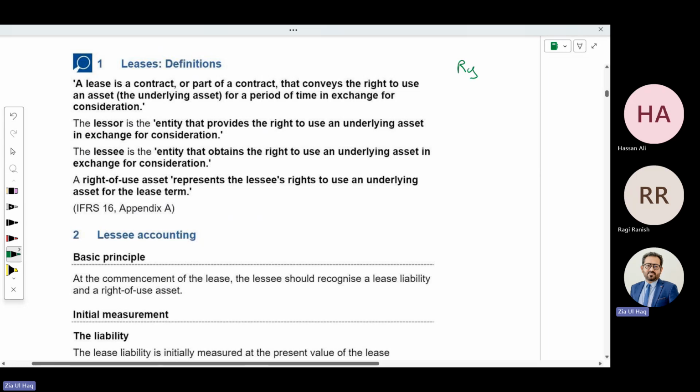The right to use word is used for asset. In lease, the word right to use mean asset. A right of use asset represents the lessee's right to use an underlying asset for the lease time period.